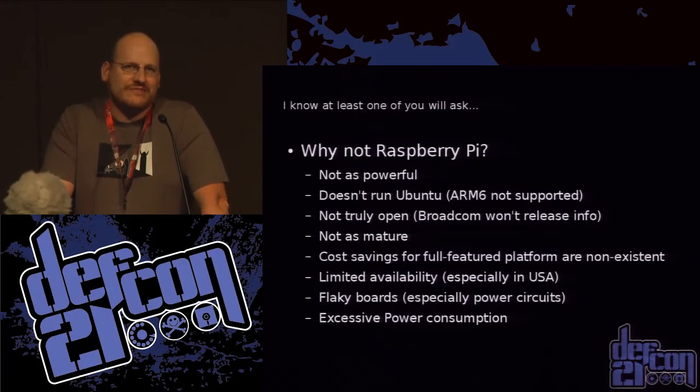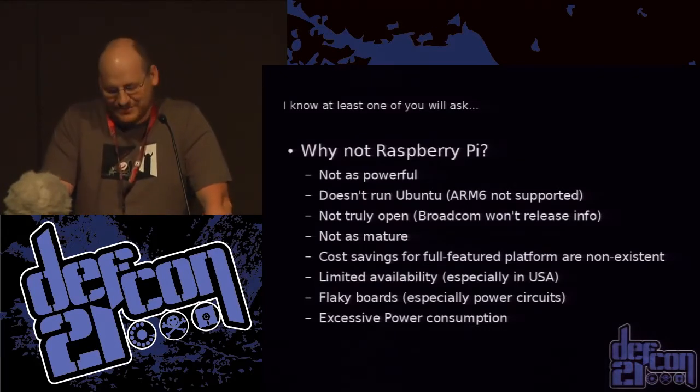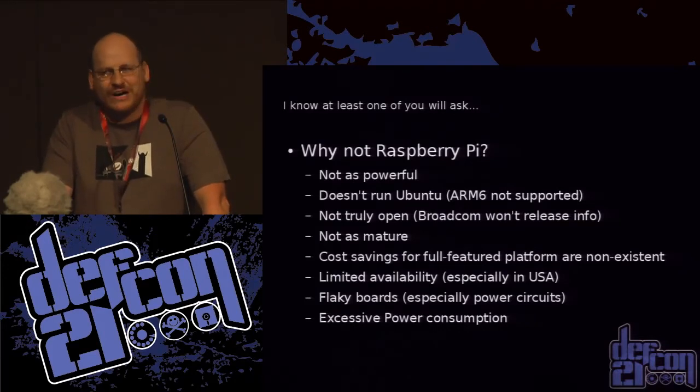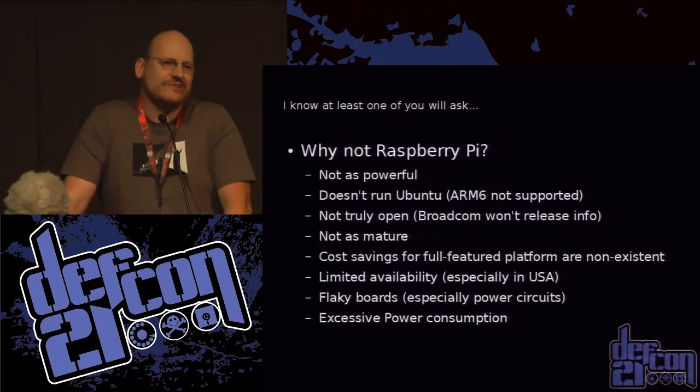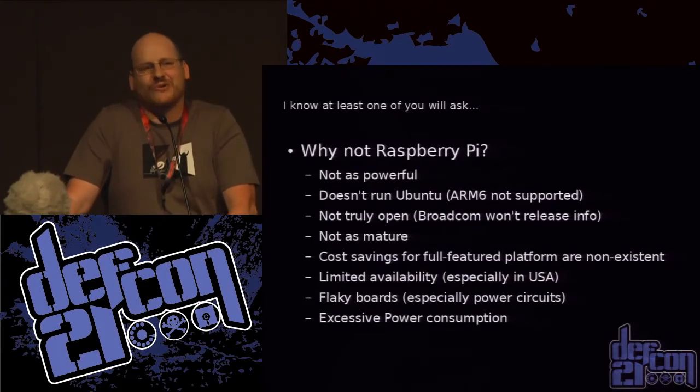Usually, I think if you try to implement this stuff with the Pi, you would probably spend more money, not less money. Even now, it's not easy to go buy 50 Pis, in this country at least. And a lot of people have had some problems with flaky boards. Also, even though they're not as powerful as the BeagleBone Black, they consume about 50% more power.